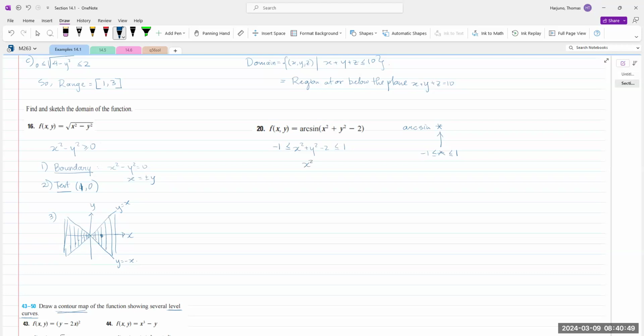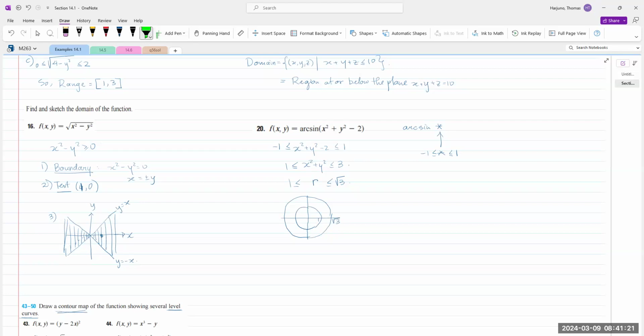In other words, x squared plus y squared is between 1 and 3. Okay, in other words, the radius is between 1 and radical 3 if we see that from the polar coordinate system point of view. So the domain looks like the region bounded by two circles, radius 1 and radius radical 3.